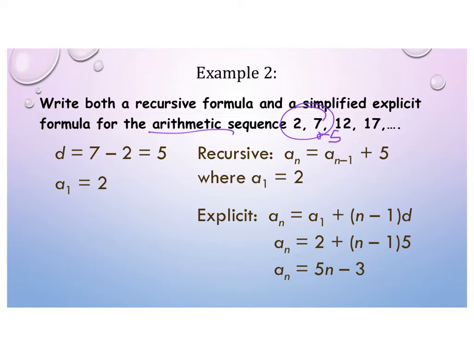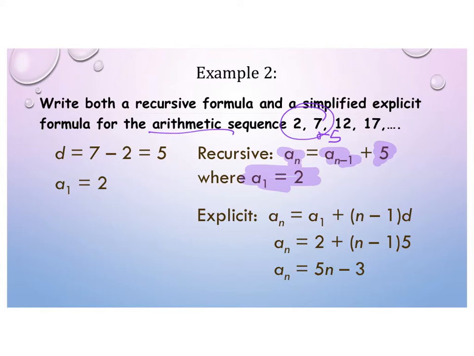My first term is a sub 1. So my recursive formula is a sub n is equal to a sub n minus 1 plus the common difference d. And I also have to specify a sub 1.